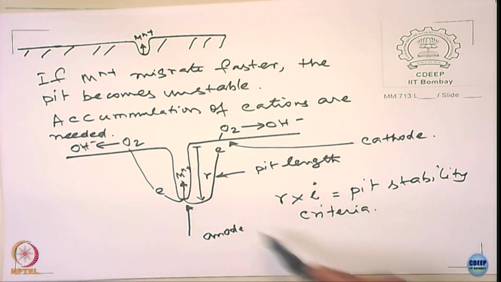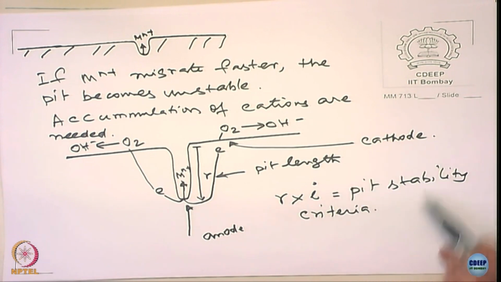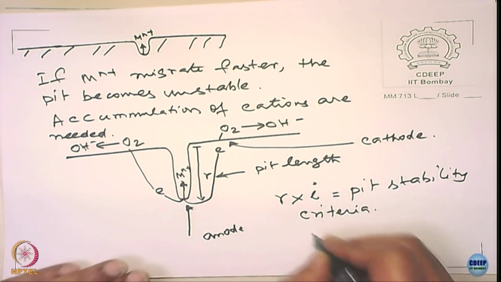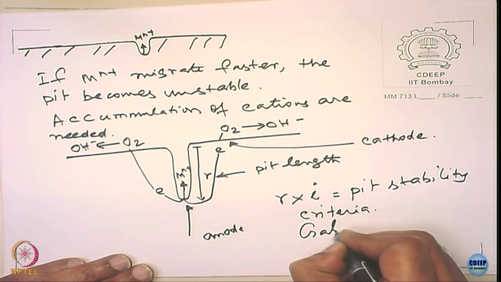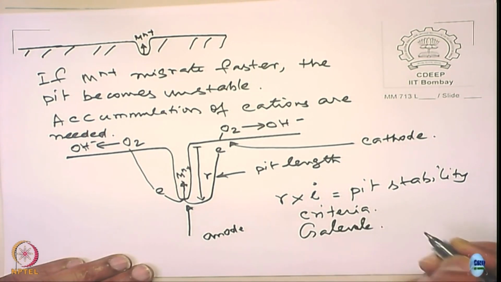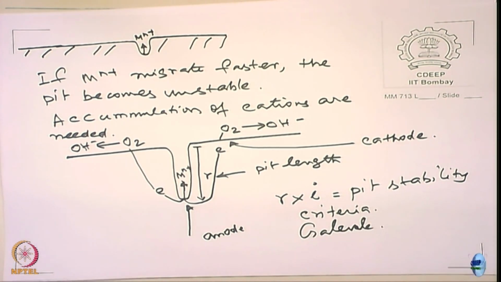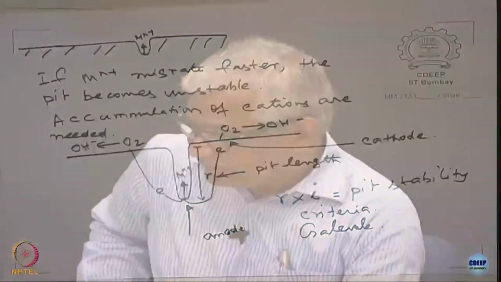So for pit stability, this is the criterion used, okay, by a great guy called Galvele. So this is one of the important criteria in deciding whether the pit formed in a metal will sustain or not.